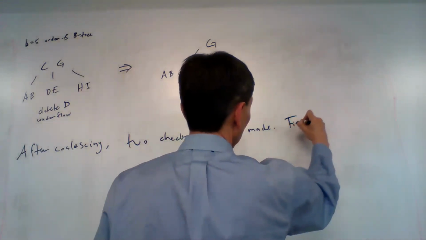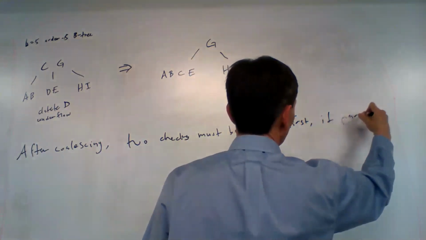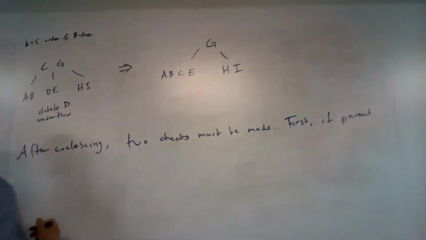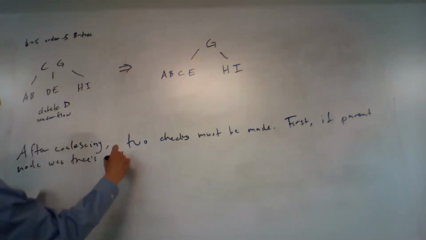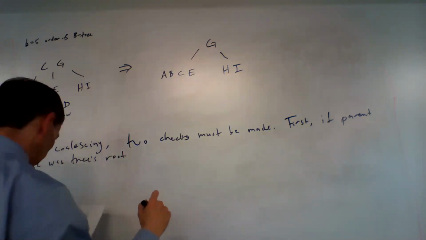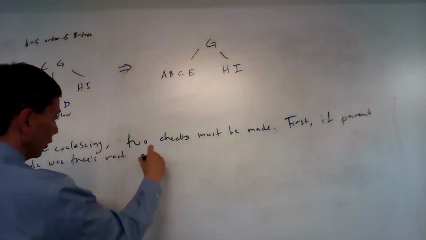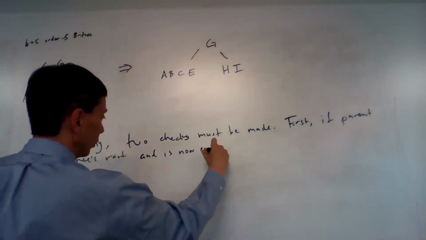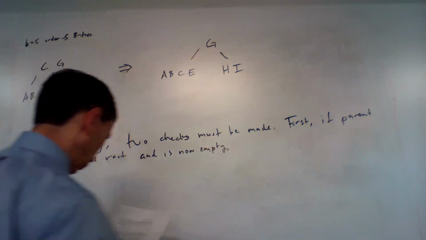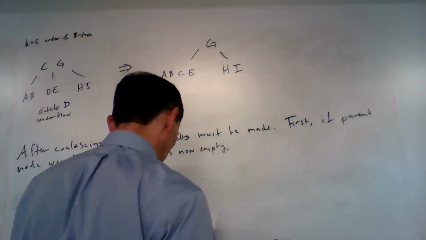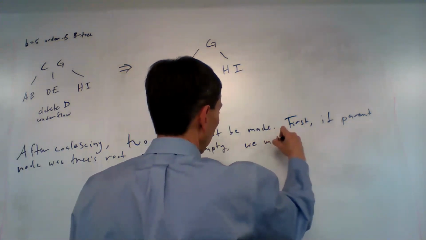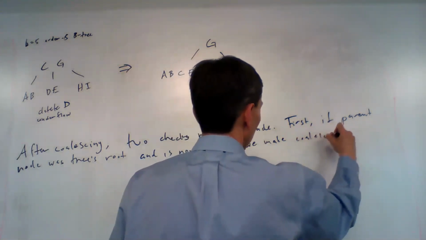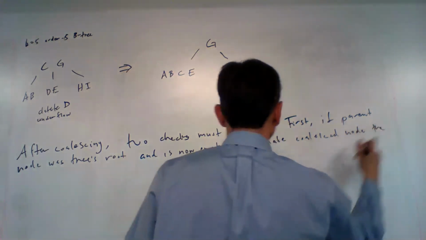First, if the parent node was the tree's root and is now empty, we make the coalesced node the new root.